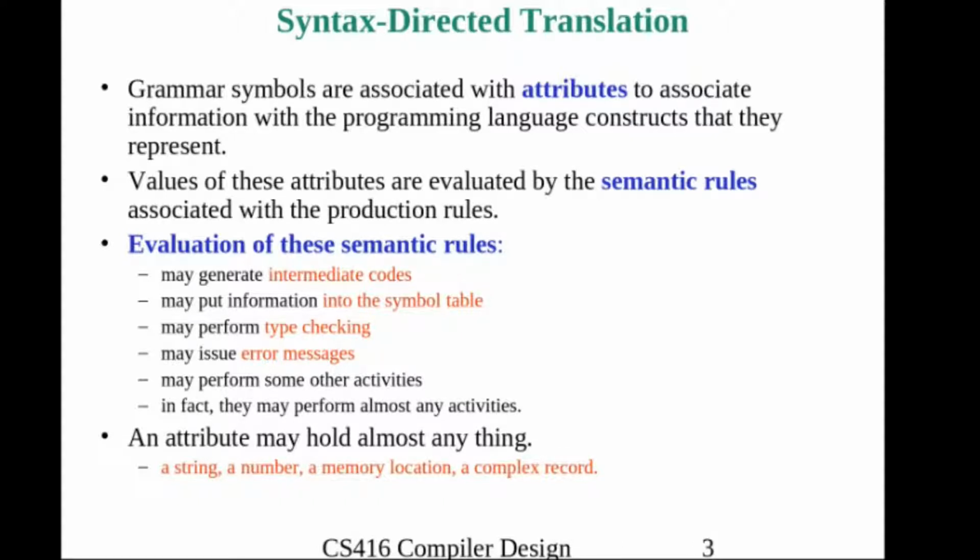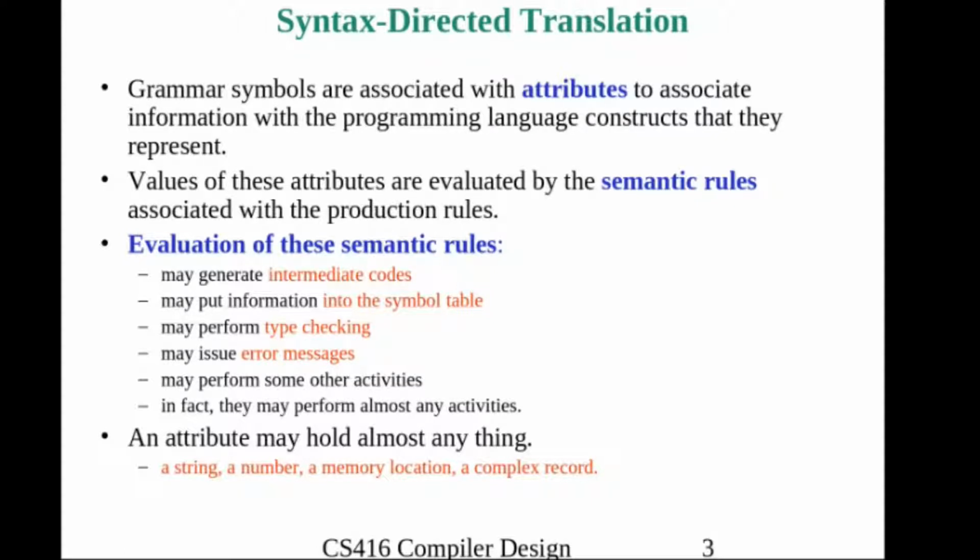See these attributes as values. For example, the type of an identifier: sometimes it is integer, sometimes it is float or character. So these are the values of the attribute type. The values of the attributes are evaluated by semantic rules.